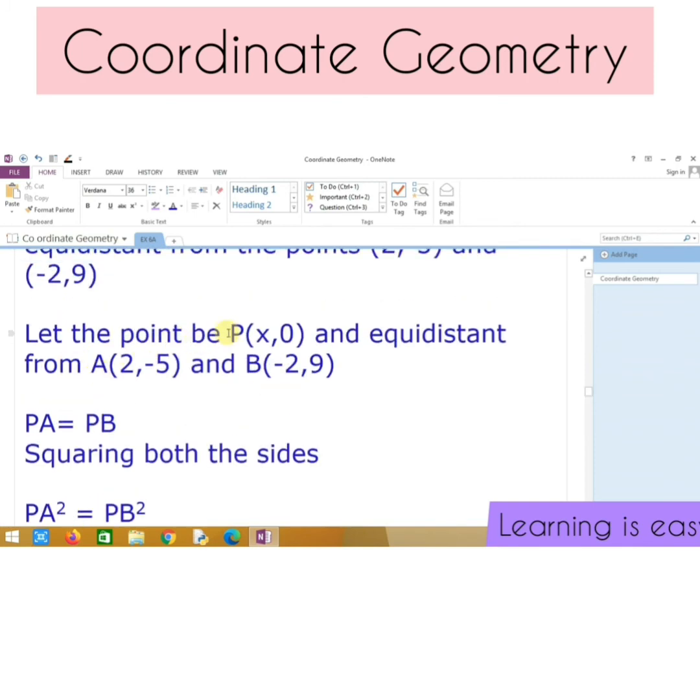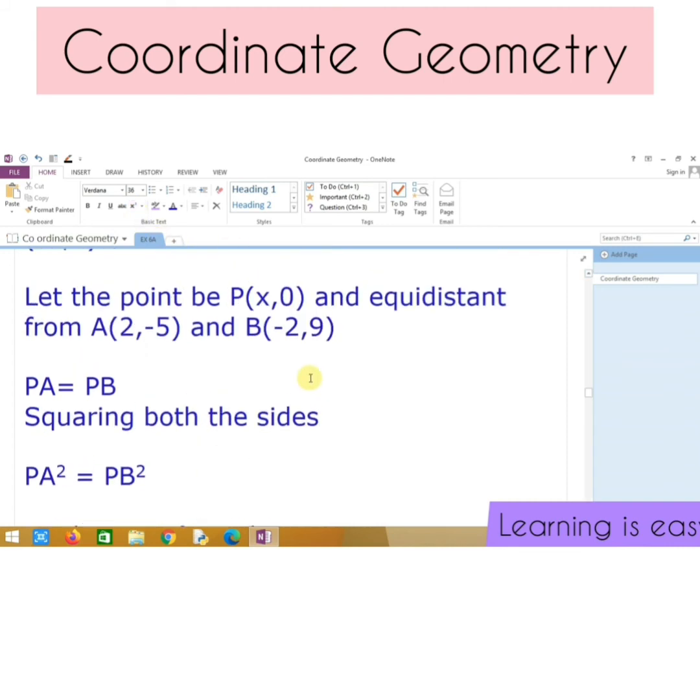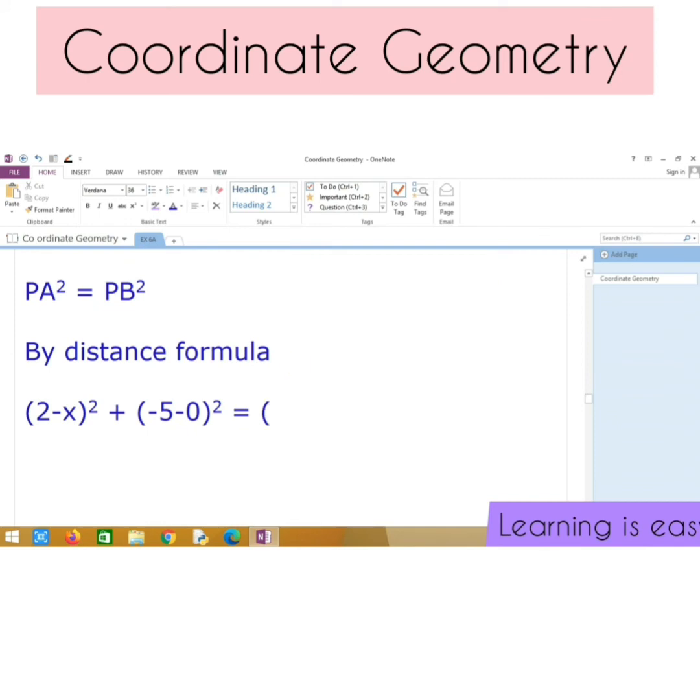So minus 5 minus 0, or just minus 5, whole square, equal to PB square. So we'll look at the coordinates of P and B.